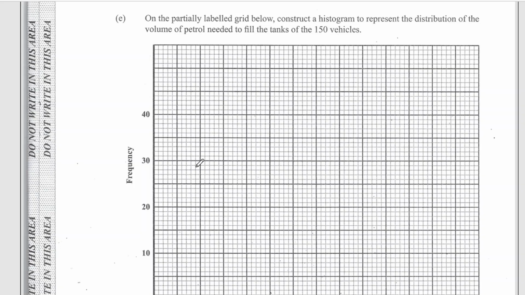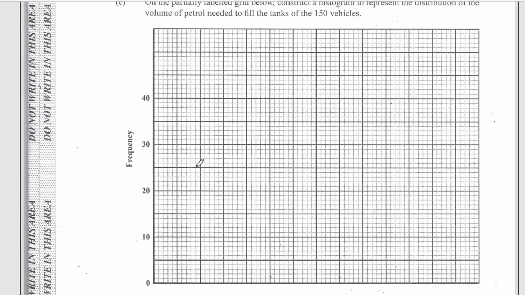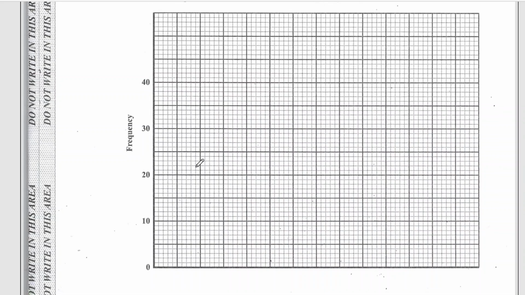So we need to figure out what is the x-axis here, right? So the x-axis here would be the petrol. So in a histogram, it's going to be volume in liters. In a histogram, what we will put in the x-axis here, we will put our boundaries. So we will put our lower class and upper class boundaries, right?